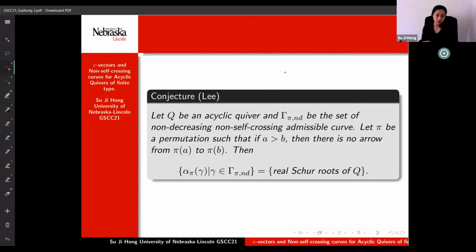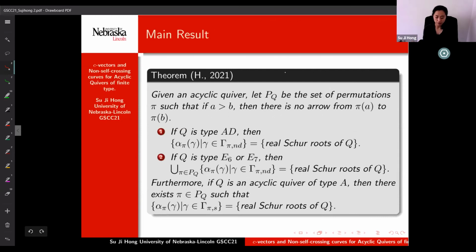And then I looked at this for the finite types, and for type A and D, it is true that the non-self-crossing, non-decreasing curves were enough to describe all real Schur roots. But for type E6, we had to actually take a union of all these, over the set of permutations, so that the arrow doesn't go the other direction, basically.